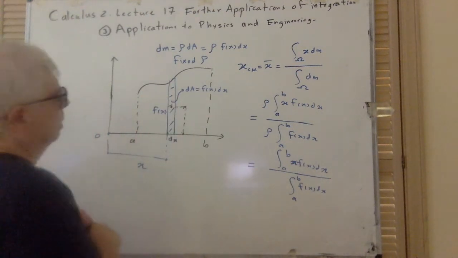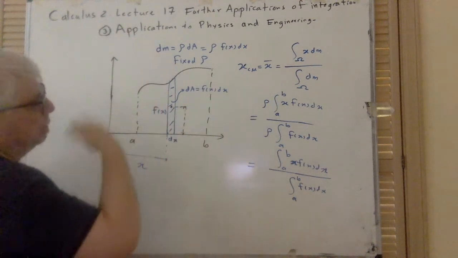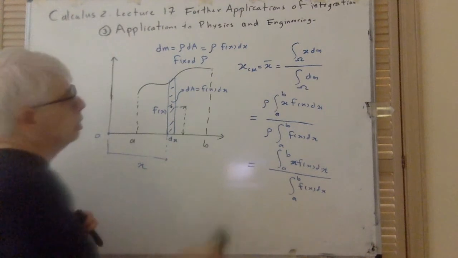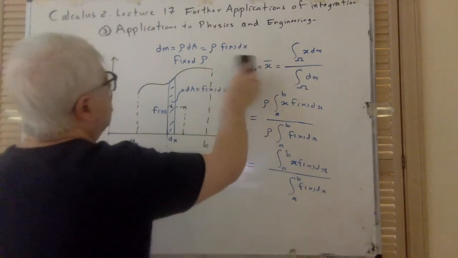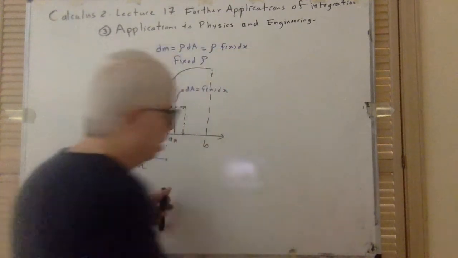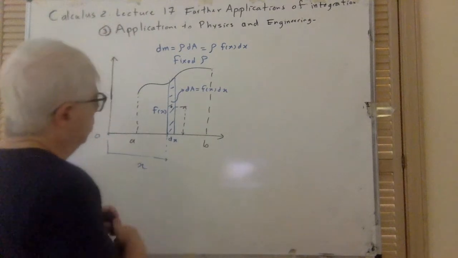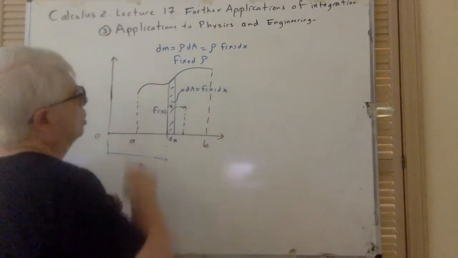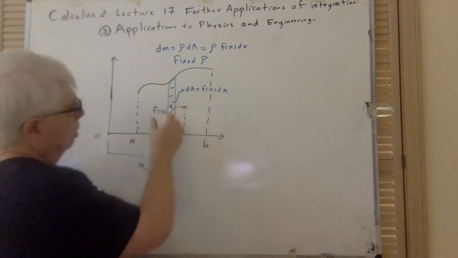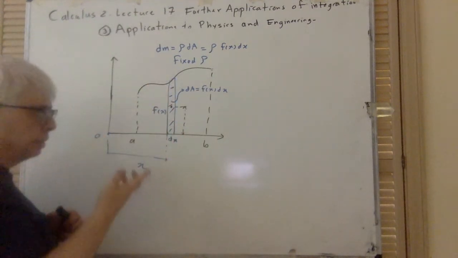So if I multiply this by this, and the dm is this thing again. So this is my differential of mass, right?